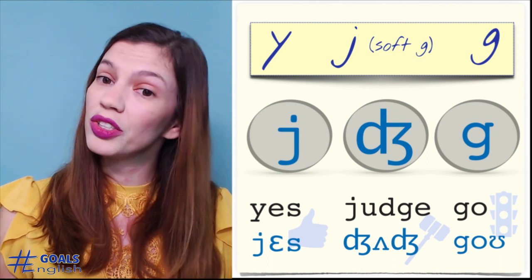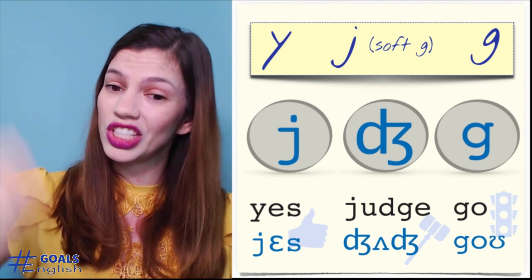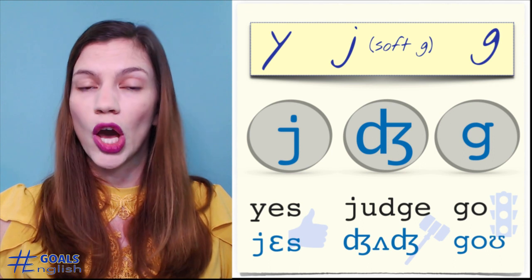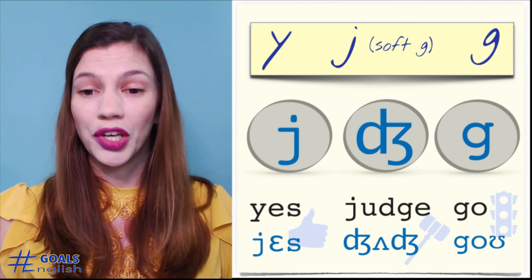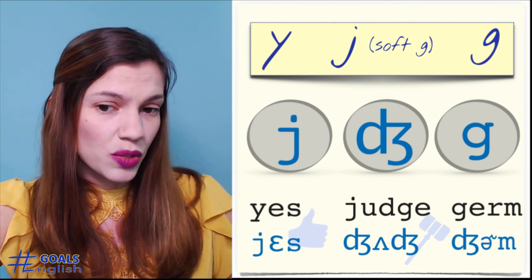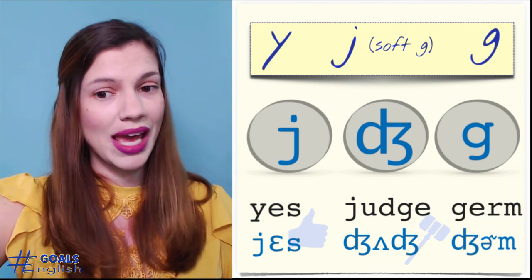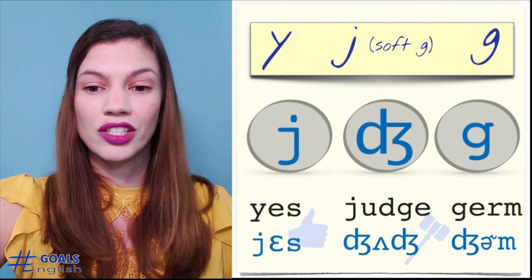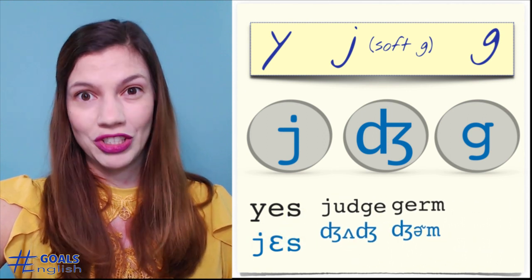And then we have a regular G, which is spelled with a regular G, as in go. And so if you don't know how to say this word, you look in the dictionary, you say, okay, it's not germ, it's germ, soft G.